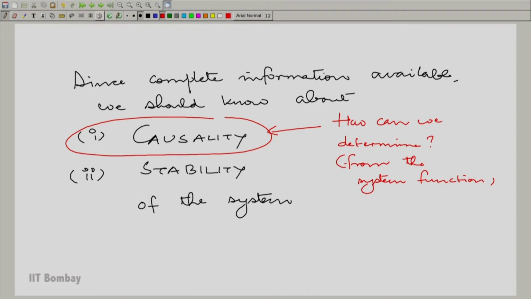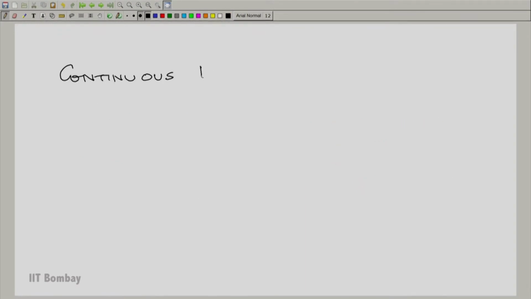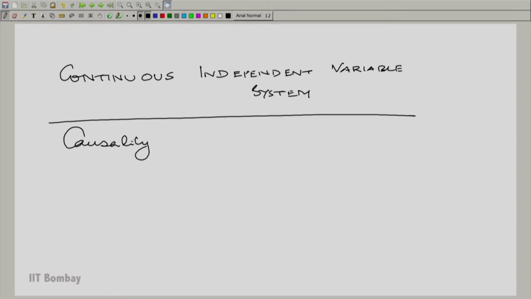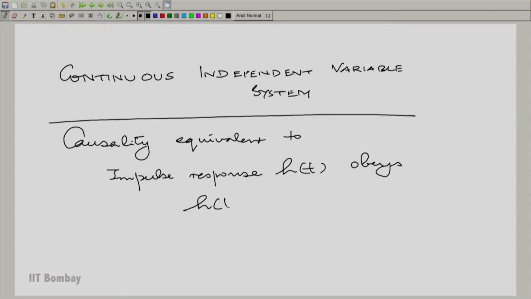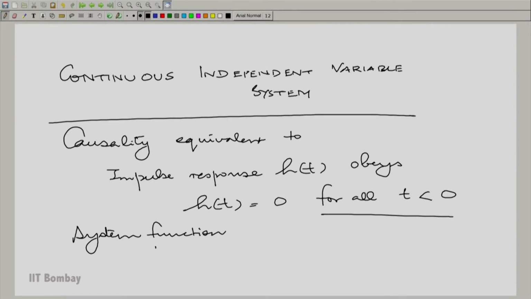Now, what does causality mean? In fact, let us take the two in parallel, they will be very closely related. Let us take the continuous independent variable system first. Causality is equivalent to the following: the impulse response h of t is essentially 0 for all negative t, and therefore, the system function is an integral from 0 to infinity of h t e raised to the power minus s t dt.